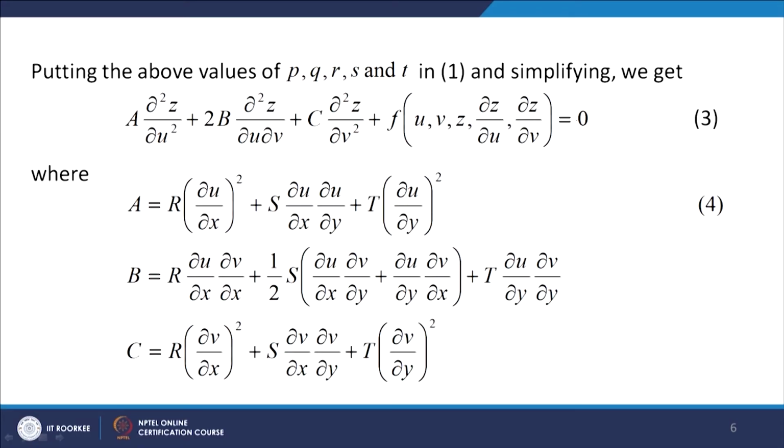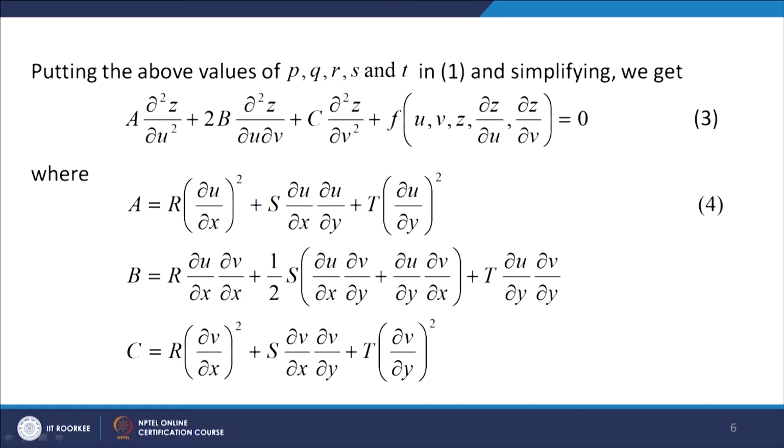So, we have changed from the independent variables x and y to the independent variables u and v, and equation 1 now gives us this equation 3. Here the values of a, b, c are: a is r times u_x square plus s times u_x u_y plus t times u_y square, and b is r times u_x v_x plus half of s times u_x v_y plus u_y v_x plus t times u_y v_y.